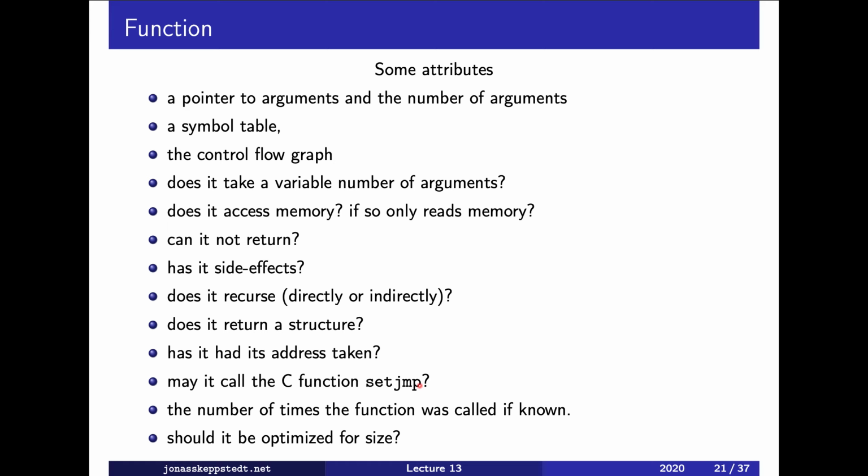And if the code uses setjmp from C or longjmp, setjmp sets up a non-local goto, actually a destination that we can make a goto to. And this goto is made by a call to longjmp, and it can jump into an active function.